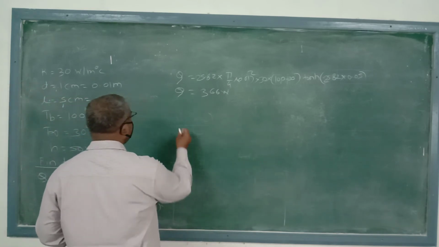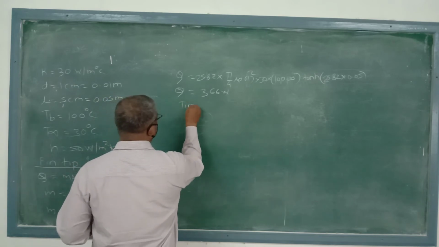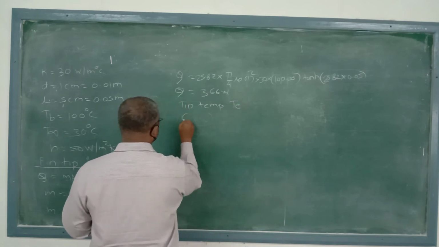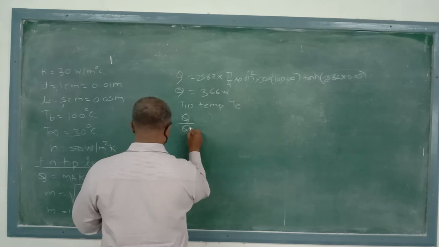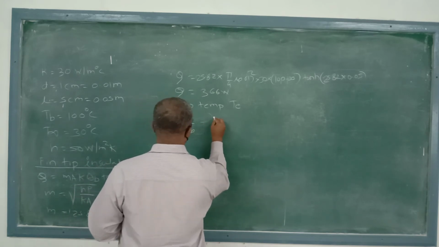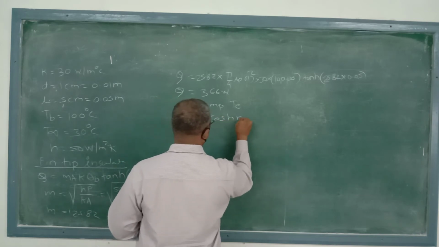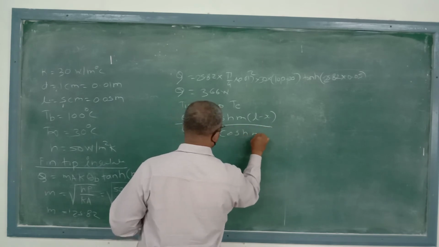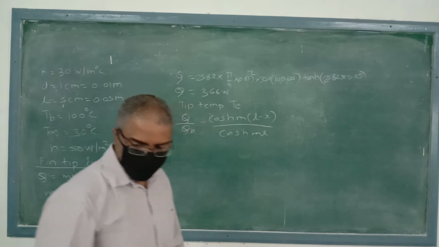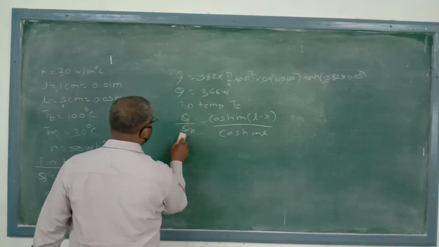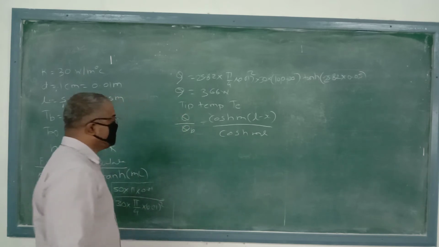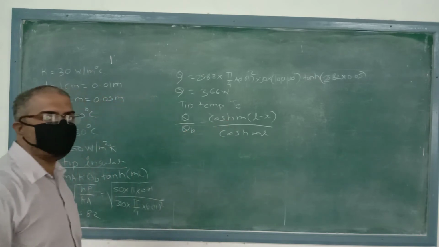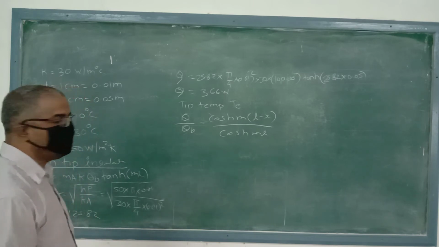So at the end of the fin, the tip temperature which we are considering: theta by theta_B, that is (T minus T infinity) upon (T_B minus T infinity), is equal to cosh of m into (L minus x) upon cosh(mL).